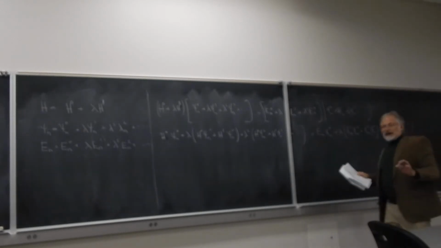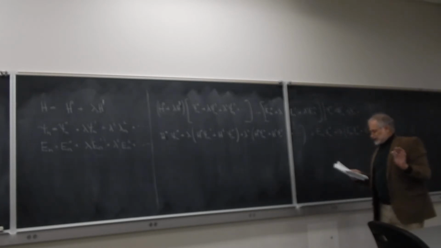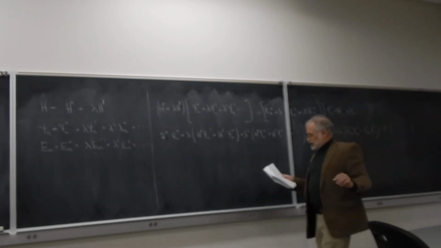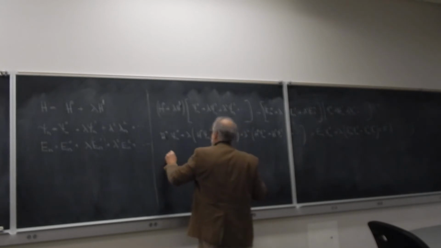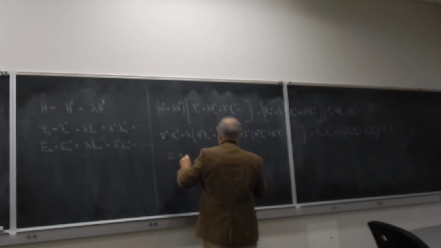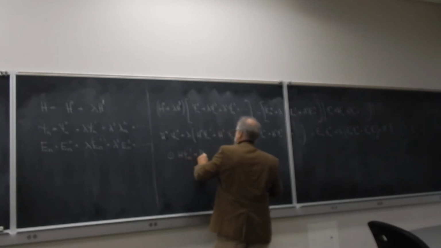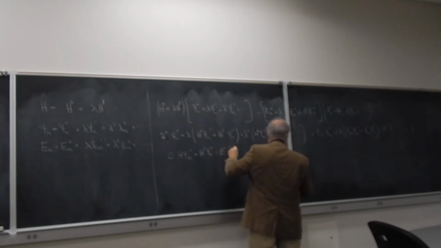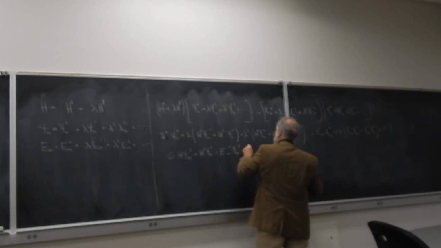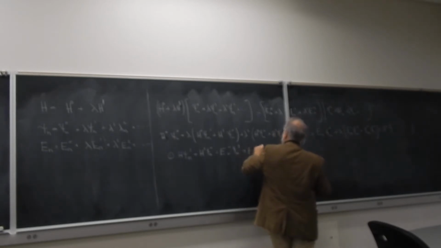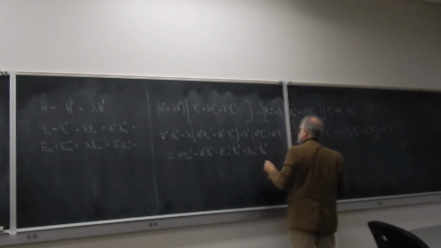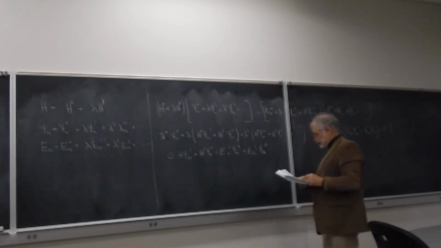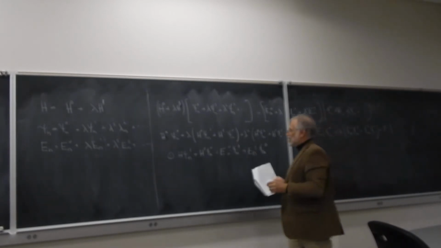Let's start easy. Let's just do it to first order. So to first order, I'm going to write H0 psi n1 plus H1 psi n0 equals En0 psi n1 plus En1 psi n0. So that's to first order.